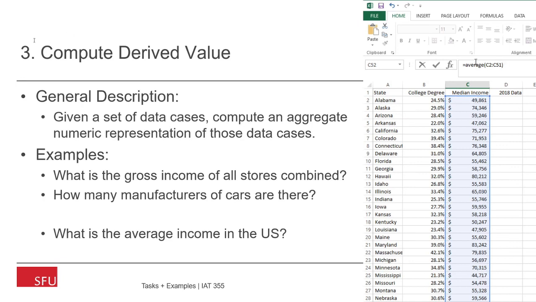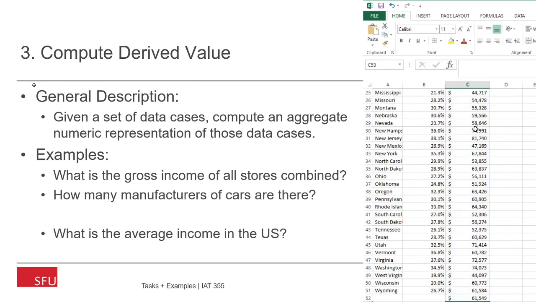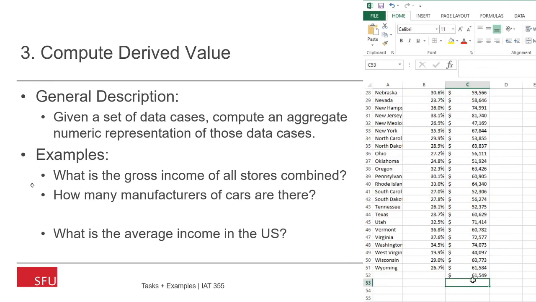And so that's the formula that's being typed in as I go here and indicating the range. And I get this blue box indicating what the range is. Hit return, and once again Excel jumped back down to the bottom to show the result of doing that. And the income is $61,549, which is ironically very close to Wyoming's income.